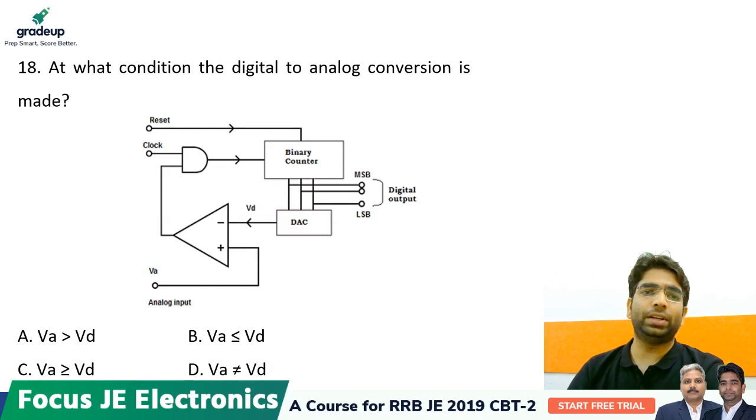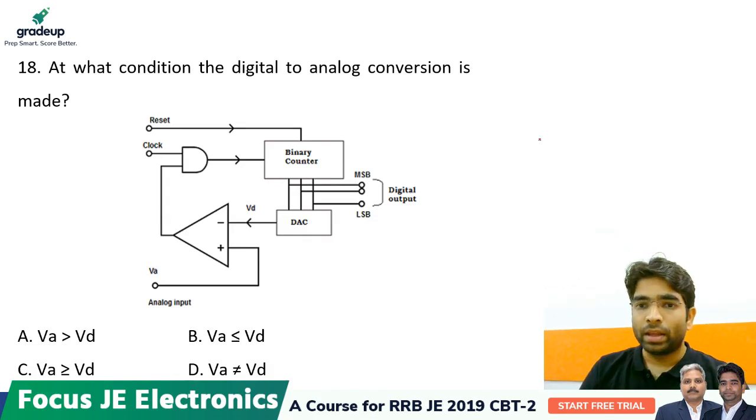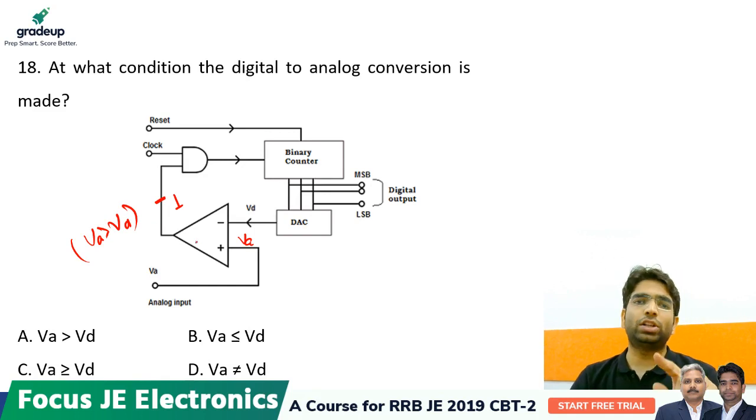At what condition is the digital to analog conversion made? My dear friends, see, for digital to analog conversion, if VA is greater than VD, it means that the logic present here will be +1 because it is a comparator.